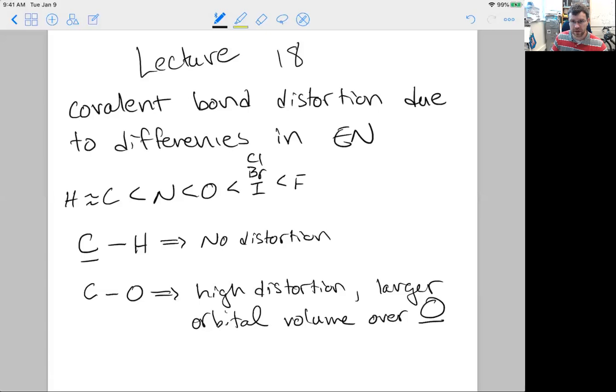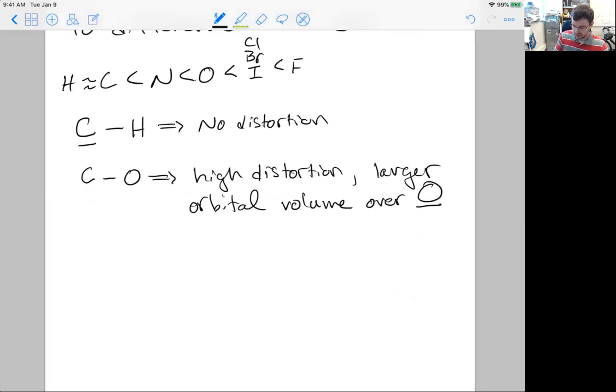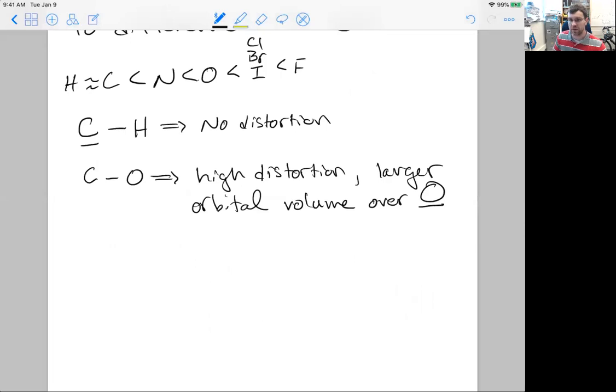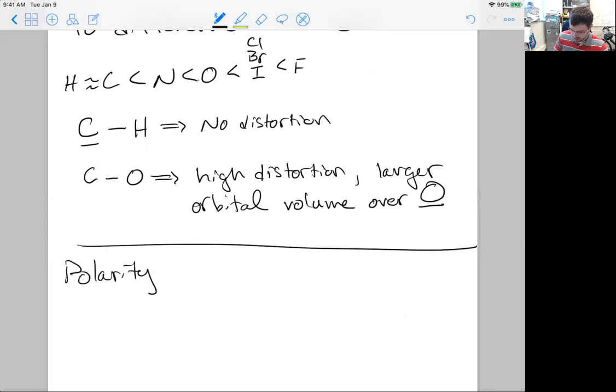This idea of distortion is going to create parts of the orbital that are more electron rich and electron deficient. And that gets into the idea of polarity and dipoles, which could also be called dipole moments.